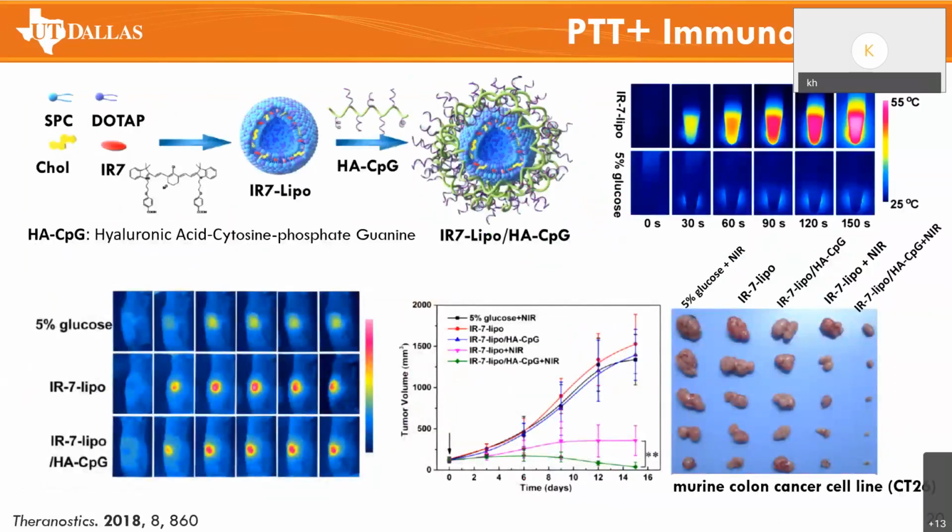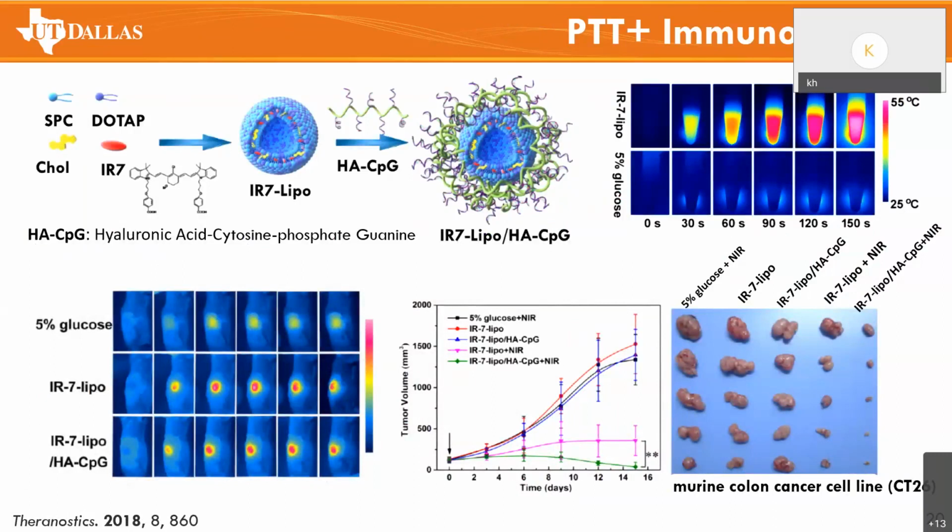So here is another example of combination of photothermal ablation and immunotherapy, but this time between PTT and immunoadjuvant. In this work, they developed an endogenous vaccine-based system. They used IR7 fluorophore loaded liposome that is coated with the immunoadjuvant CpG.